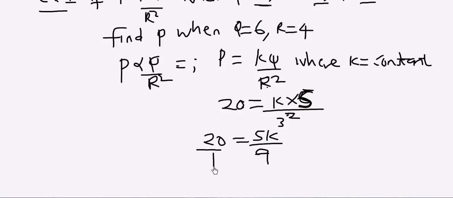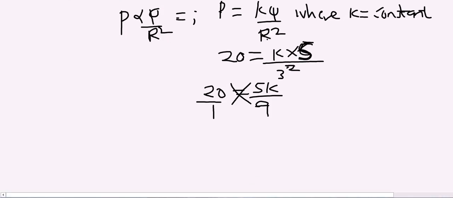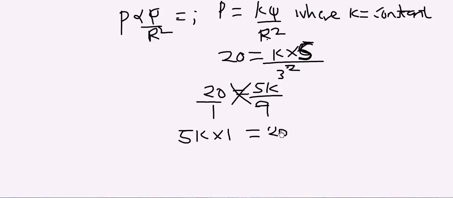This is over 1. If I cross multiply, I'll simply have 5k times 1 is equal to 20 times 9. So that k is equal to 20 times 9, which is 180, over 5. That's 20 times 9 over 5.